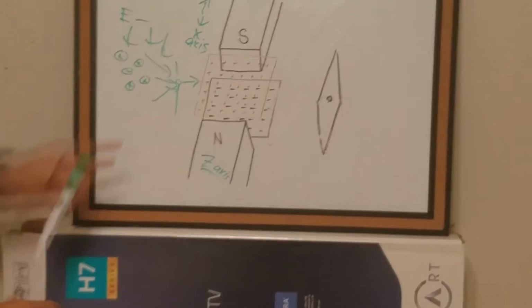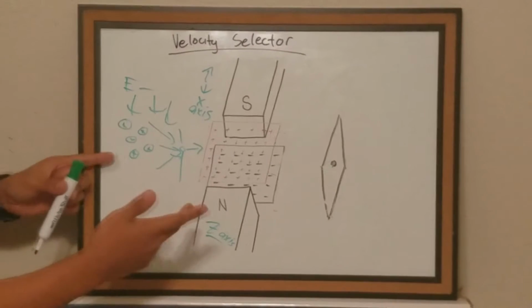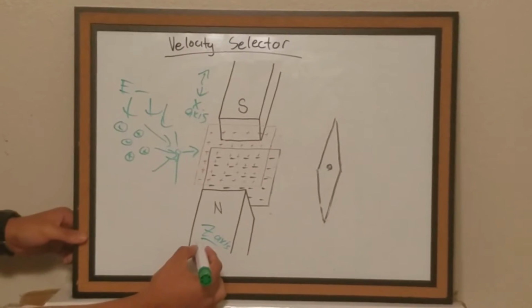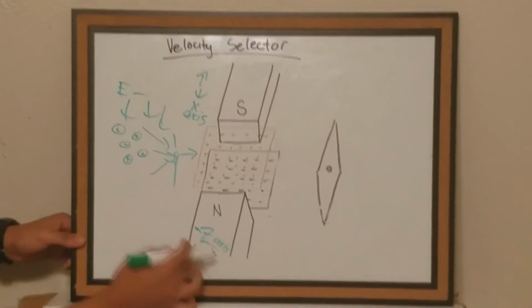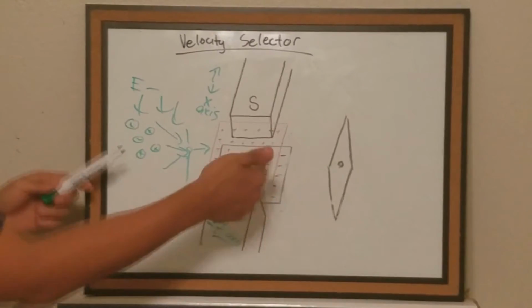Now, as stated earlier, we have our magnetic field on the z-axis. If we look at this, we can say that it's going to the negative z-axis, or it's going into the page.